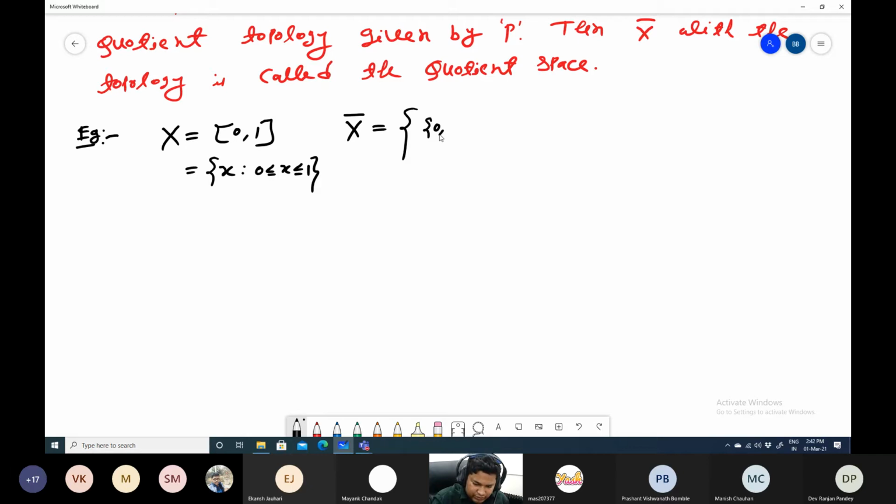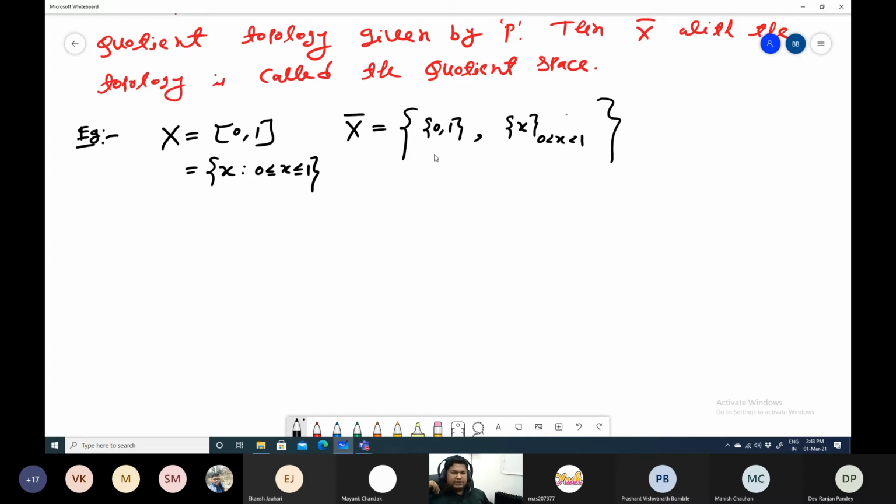Suppose x bar is your set {0,1}, and all the singleton sets {x} where 0 less than x less than 1. We can write it as a collection of singleton sets, with only two elements in the first set.